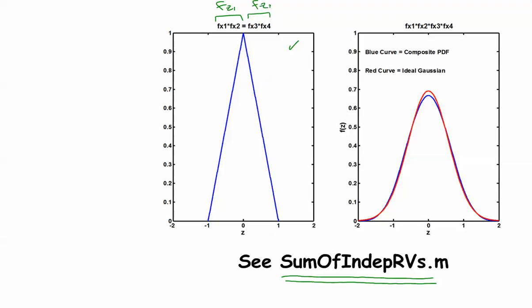This is the result of convolving 2 rectangle functions, and I get out my triangle function. Over on the right-hand side, I have the result of convolving all four of my probability density functions together. You'll notice that the blue curve is f_Z(z), and my red curve is an ideal Gaussian.